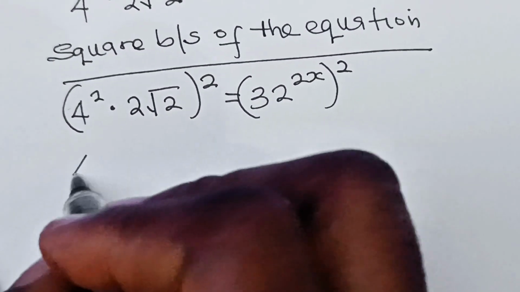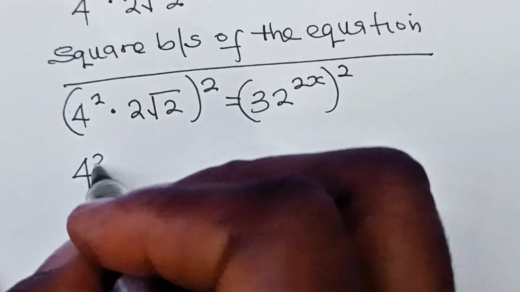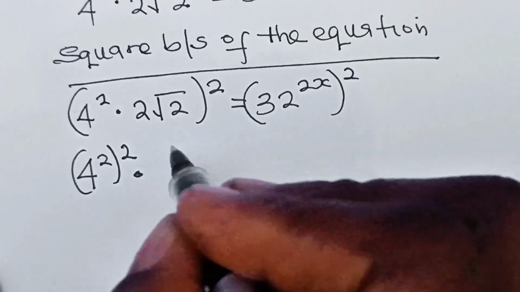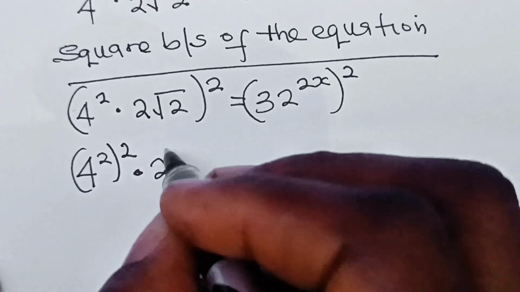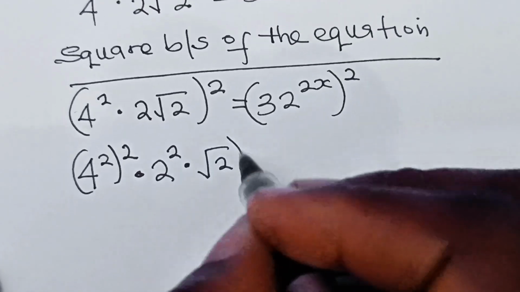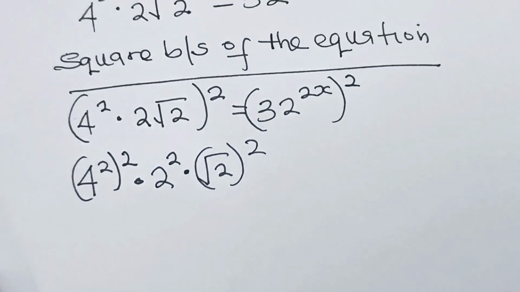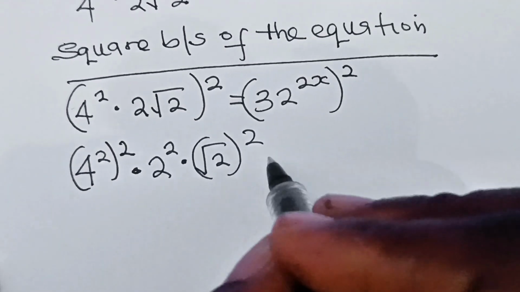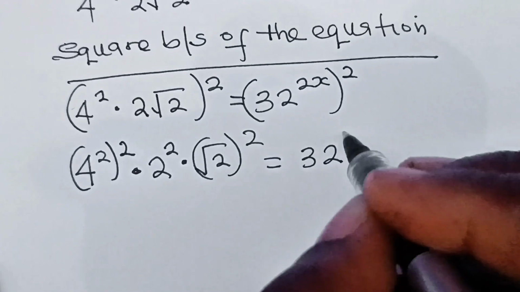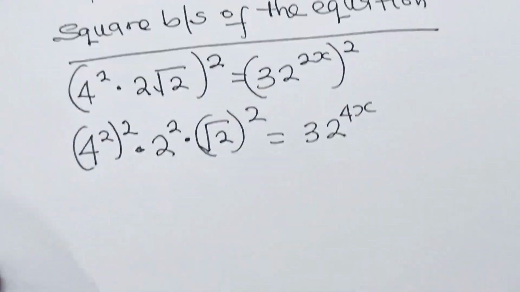So here we have 4 to the power of 2 raised to the power of 2 multiplied by 2 raised to the power of 2 multiplied by root 2 raised to the power of 2 is equal to 32 raised to the power of 4x.